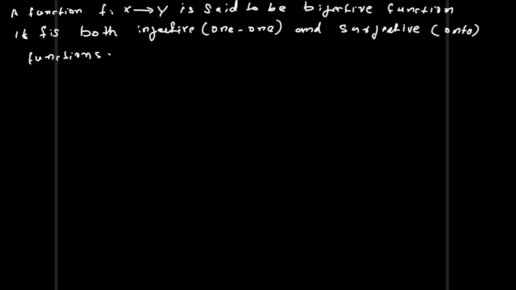Okay, so a function f is said to be bijective if f is both injective and surjective function, then that we call a bijective function.